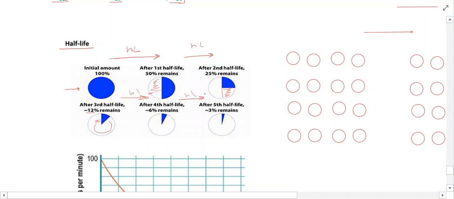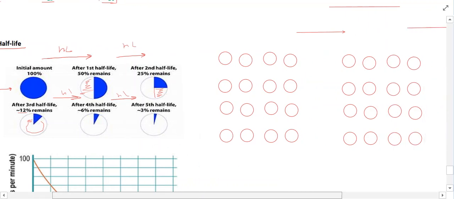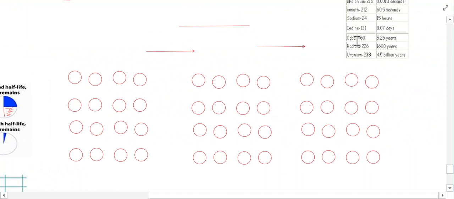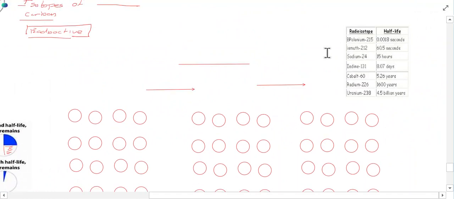So what happens is the amount of radioactive material that is actually present that hasn't undergone decay reduces by half each time. To look at this in a more concrete way, we can look at the half-life, the time it actually takes for these substances to break down.